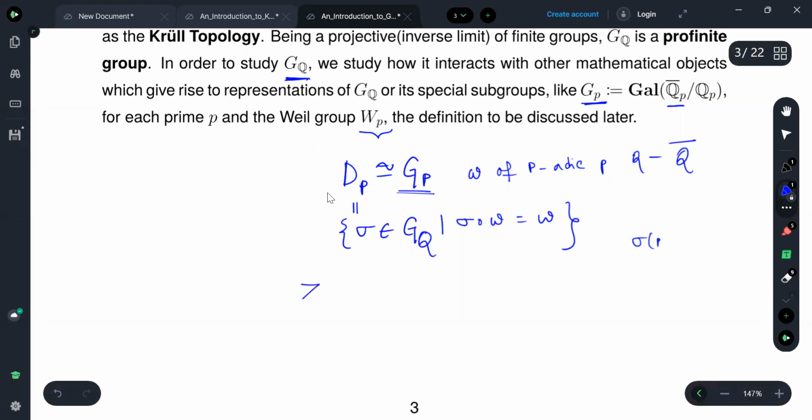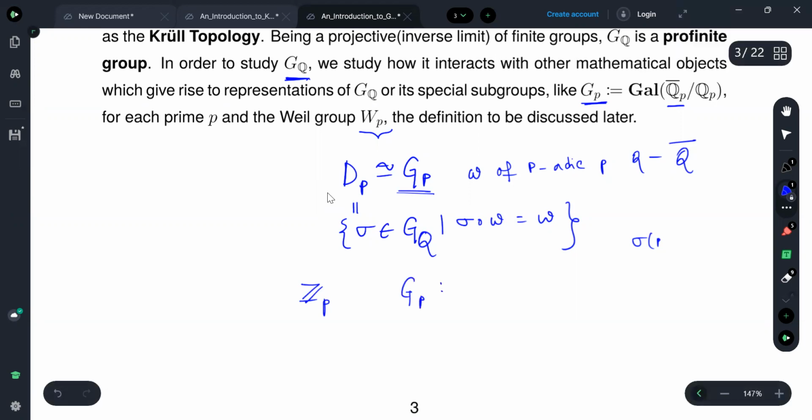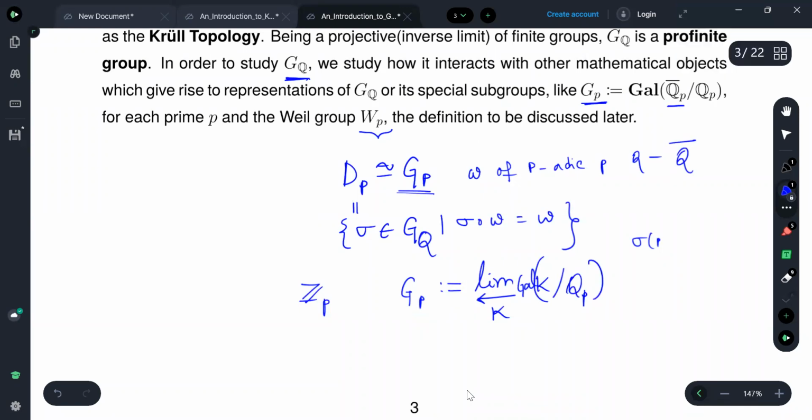GP is similarly defined: you can define it as the inverse limit over all finite extensions K of the local field, where K runs over all finite extensions of Qp.